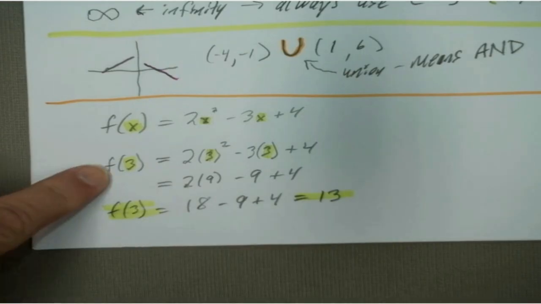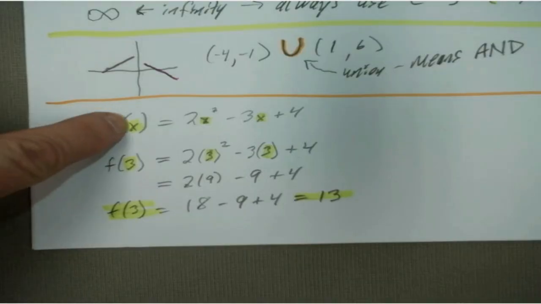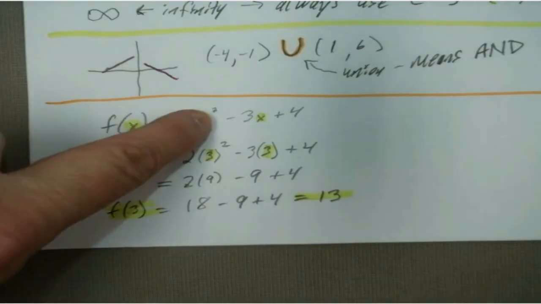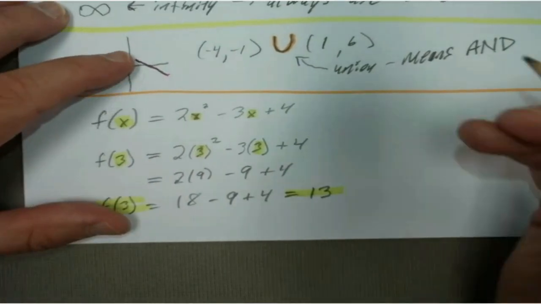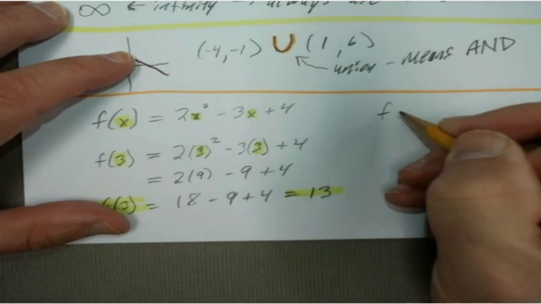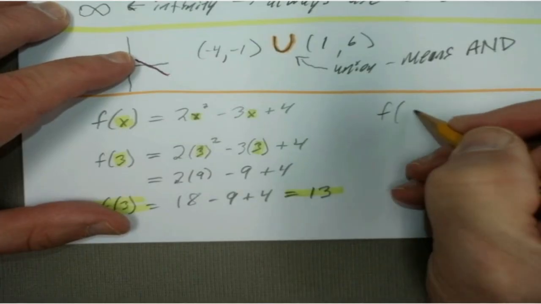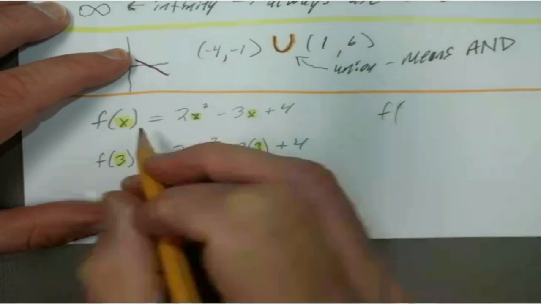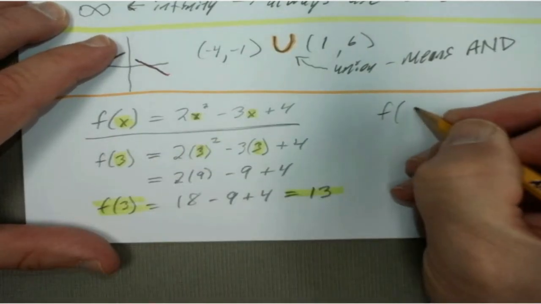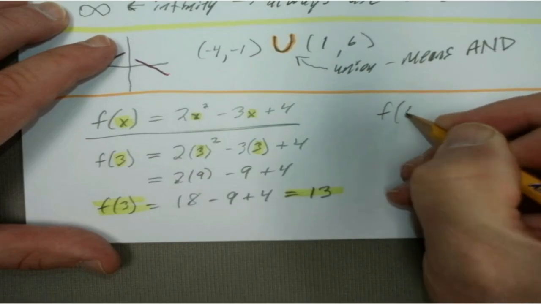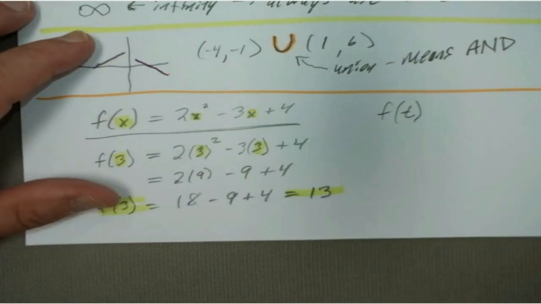But this is how function notation works. F of 3 means take the x out, substitute a 3 in. Now, let me also note, because sometimes we'll see something like this. What if I had f of, and I'm using the same equation, instead of f of 3, what if I do f of t? What's f of t?